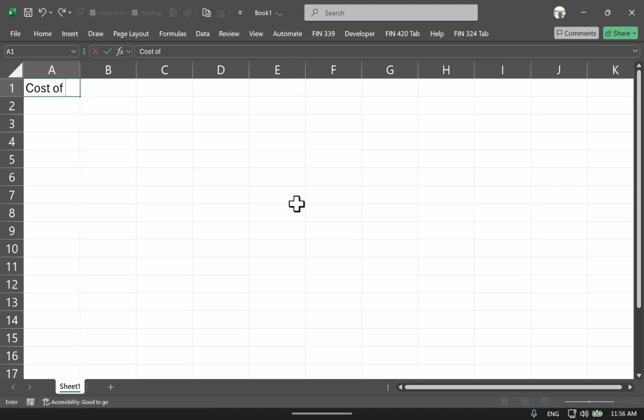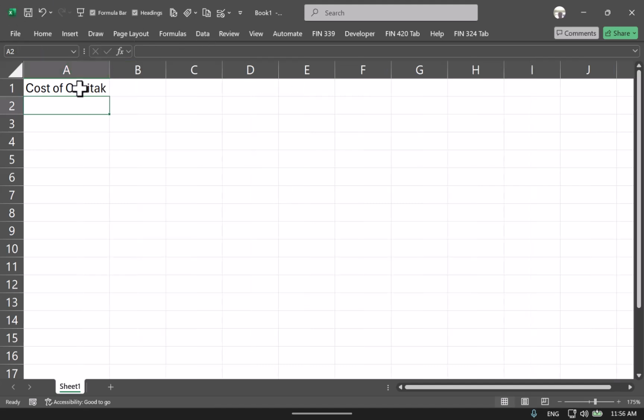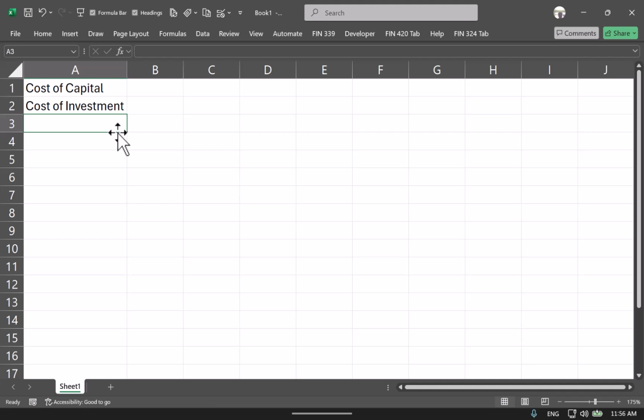One of them is cost of capital. I have some issue with my left side, so sometimes I shift the letter. And the other is cost of investment. Number of cash flows.